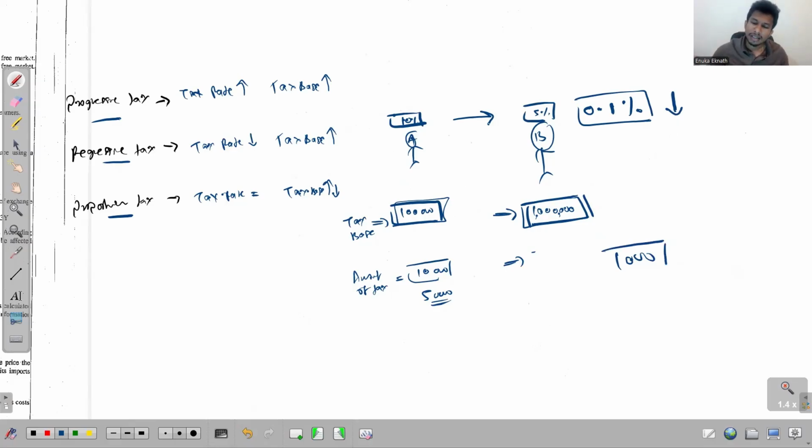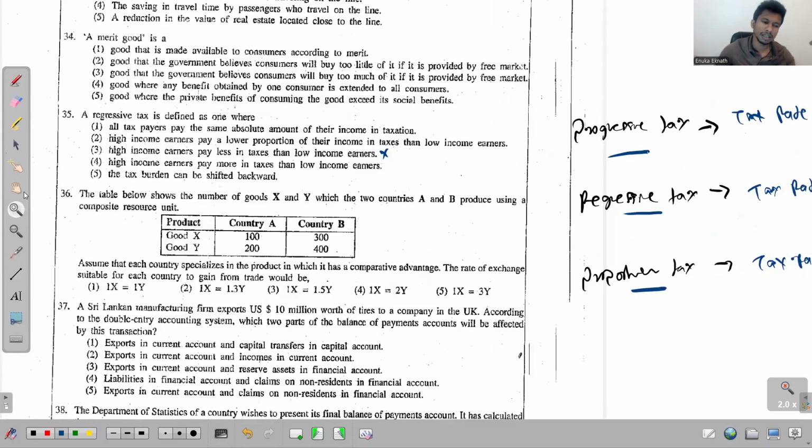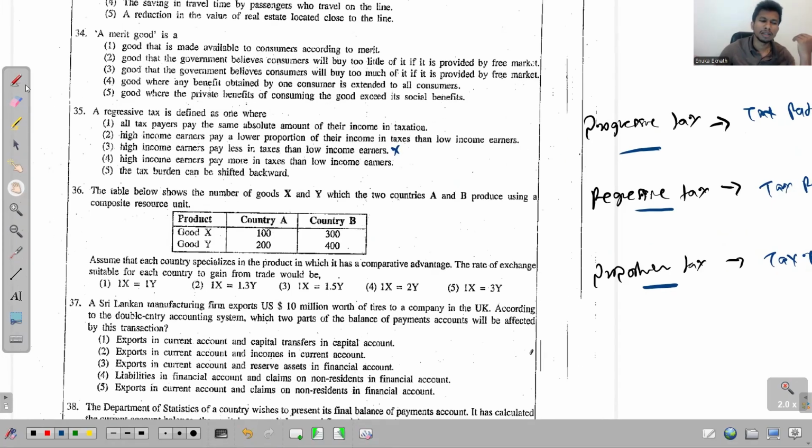And on the other hand, surprisingly, in this case, this person B pays a lower absolute, I mean, in rupee terms, he pays a lower tax than the person A. So it's possible to happen based on the numbers, based on the tax percentages. But when we define this regressive tax, we don't look at the absolute amount paid by each person. So we can't consider these two to be the answer.